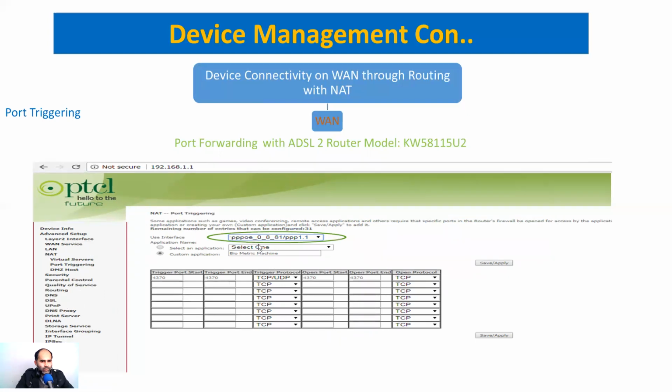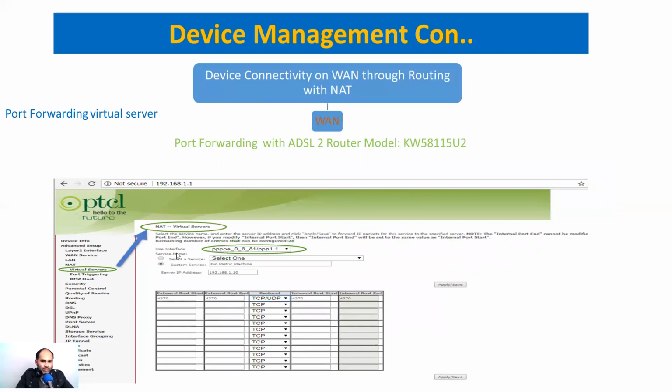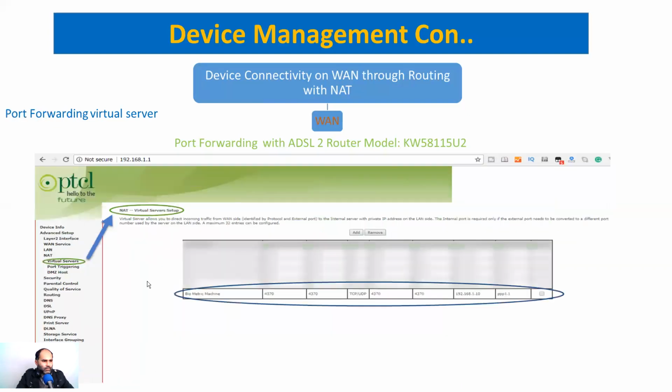Simply select your PPP interface and go to virtual server. On PPP interface 881, just forward your port 4370, internal and external, protocol all, TCP and UDP, and internal port 4370 and external 4370. So here you can see we have forwarded our port.